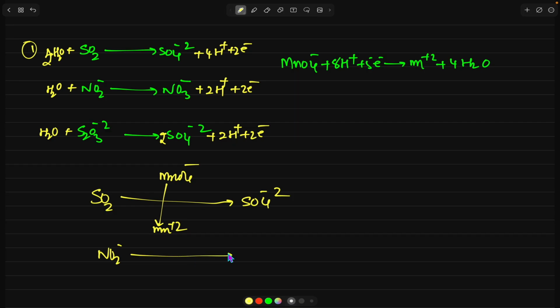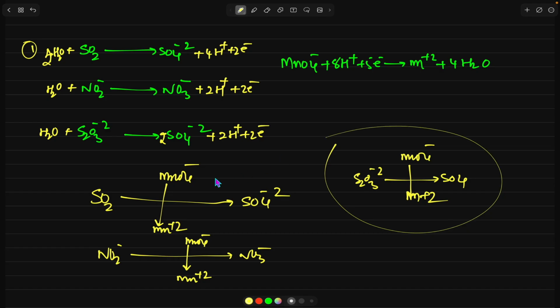NO2 minus is oxidized to NO3 minus, whereas MnO4 minus is reduced to Mn plus 2. S2O3 minus 2 oxidizes to SO4, and MnO4 minus is reduced to Mn plus 2. So these are the 3 reactions. This is how KMnO4 oxidizes in the acidic medium. You can do the balancing easily.